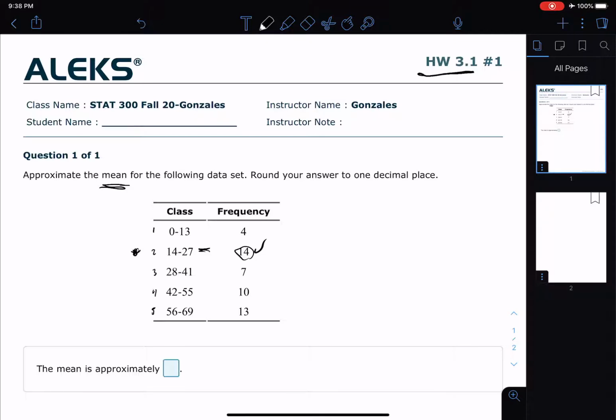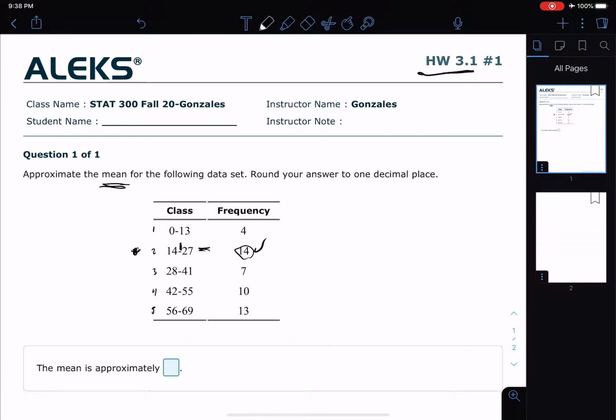So the next best thing is to find the class midpoint, and multiply it by 14. Basically, all 14 of these numbers that belong in this class, we're going to give them a value of the midpoint since we don't know what they are. It's not perfect, but that's why this is an approximation of the mean. Okay, so that is our goal.